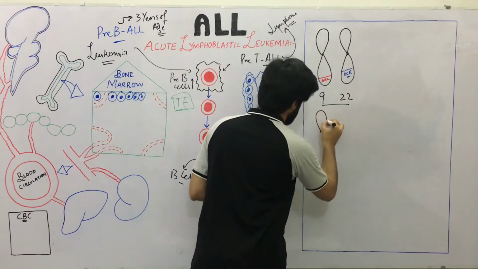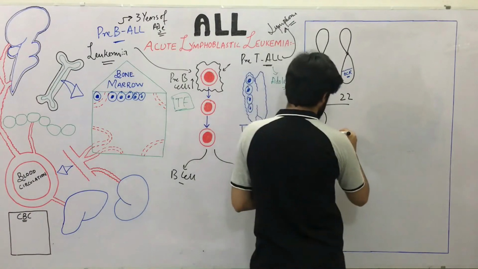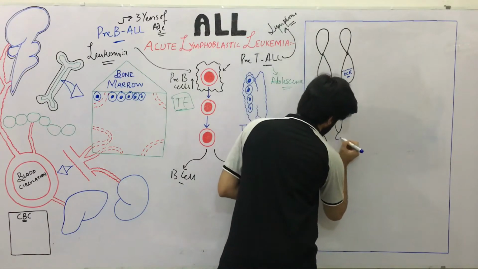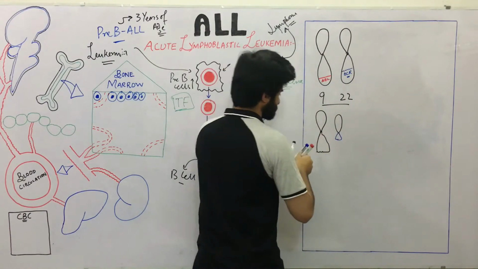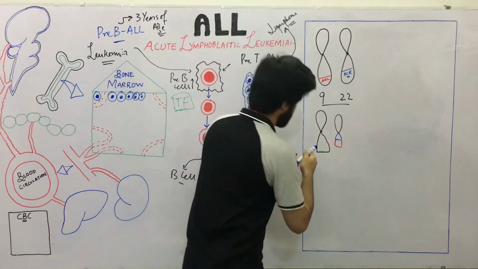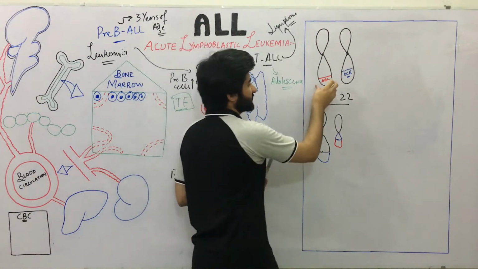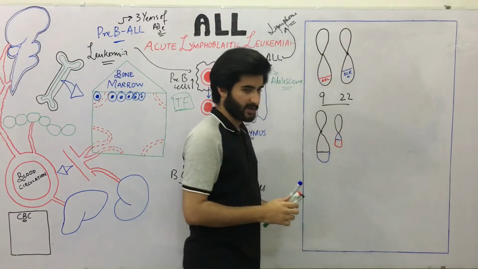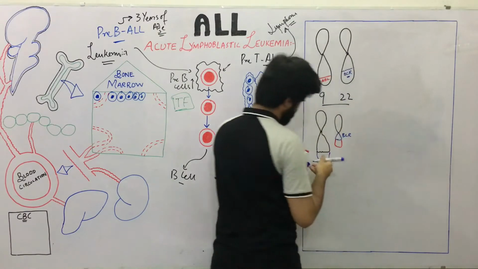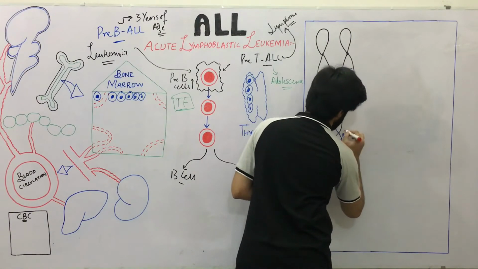So the chromosomes found are somewhat like this. These are our newly formed chromosomes. So this ABL gene shifts from the 9th chromosome to the 22nd chromosome and attaches to BCR. There is a formation of a fusion gene, and this fusion gene is BCR-ABL.